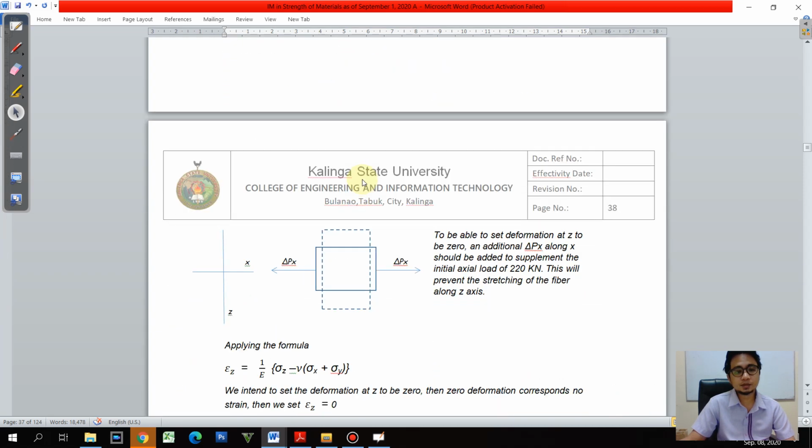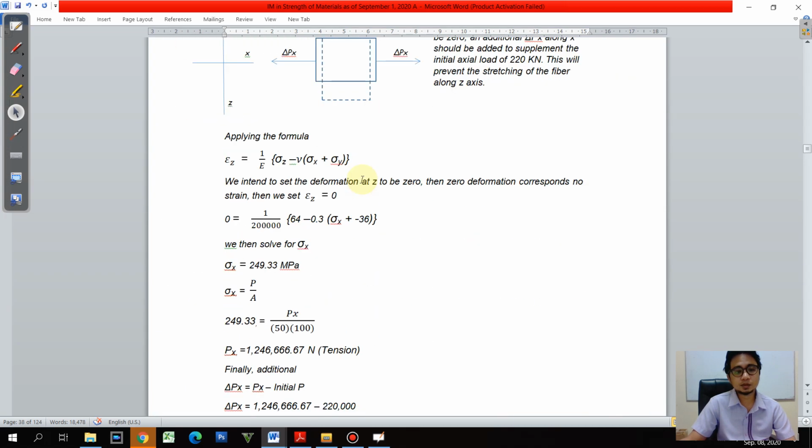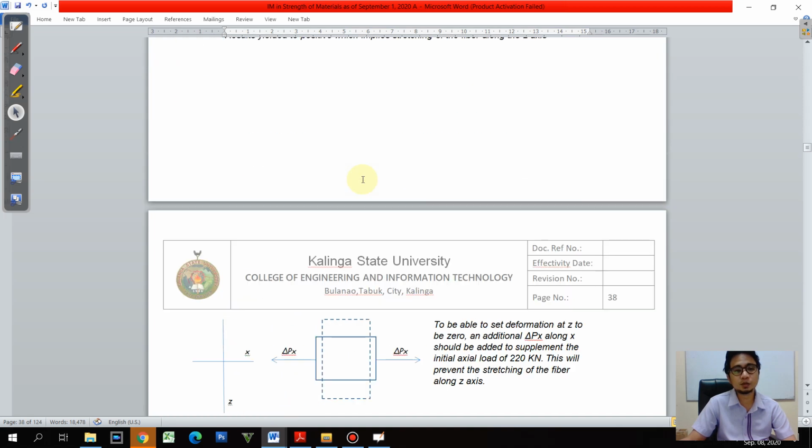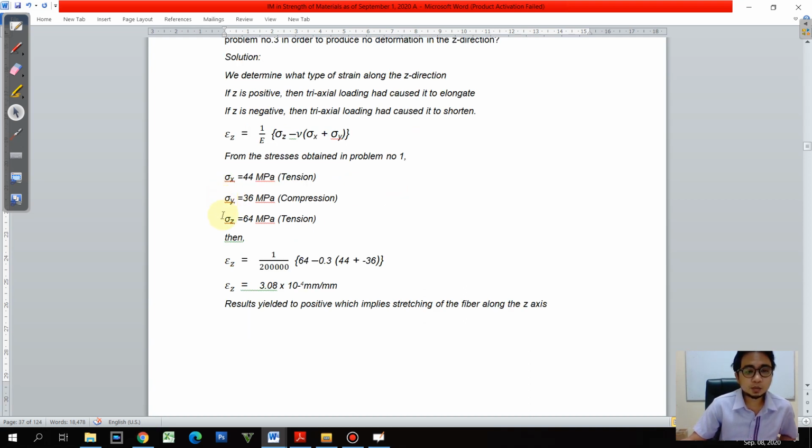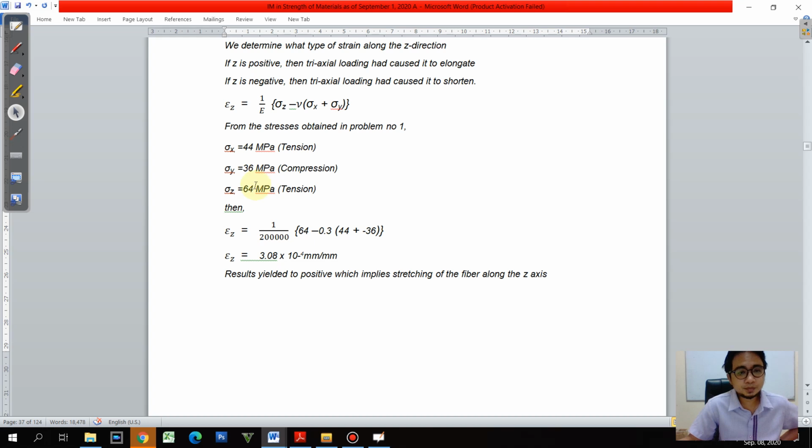Again, we will refer to the original loading, only that we will set the strain along z to be equal to 0. From this, we already got the x, y, and z stresses earlier, and we found that we have x 44 tension, y 36, and z 64 tension. Then we will apply the strain formula for triaxial loading, calculating for z.